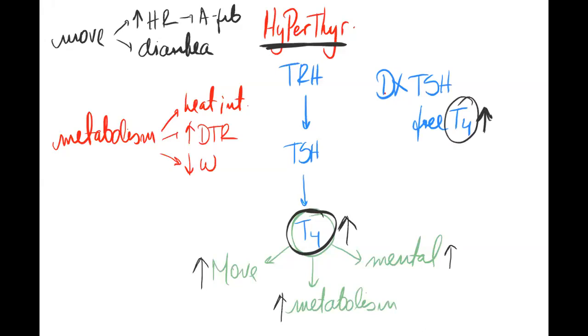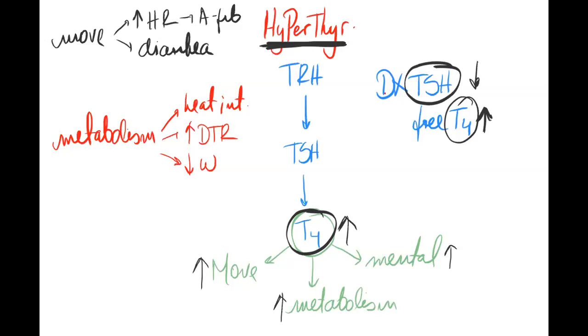And remember, the T4 is the hormone that is going to show us the exact point of the patient, whether the patient is on the side of hyperthyroidism or on the side of hypothyroidism. So in this case, hyperthyroidism, the T4 is going to be high and the TSH is going to be low.